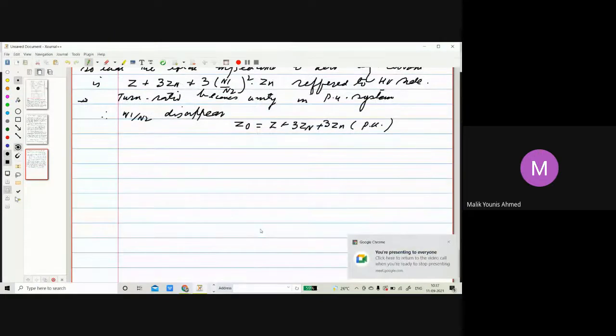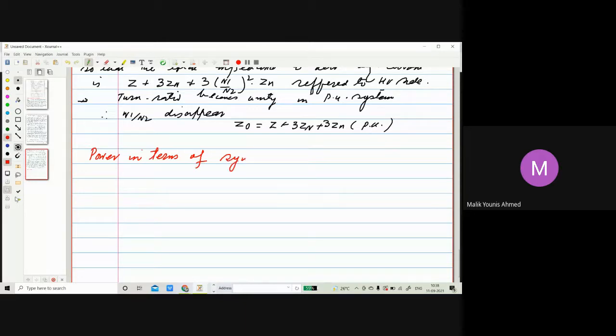It's a simple topic. We'll be doing this today also. So the next topic is, we will be talking about power in terms of symmetrical components.